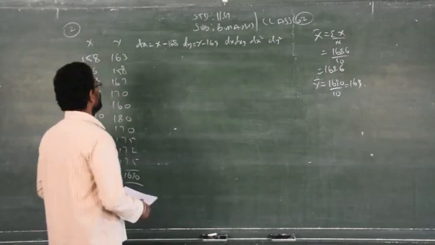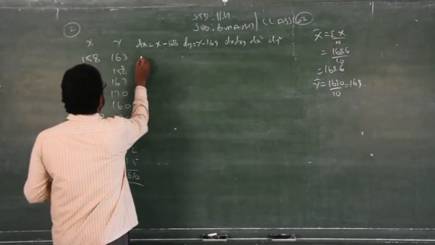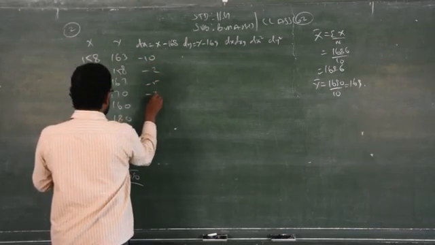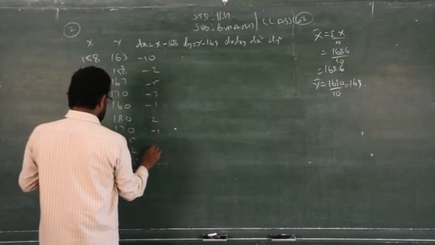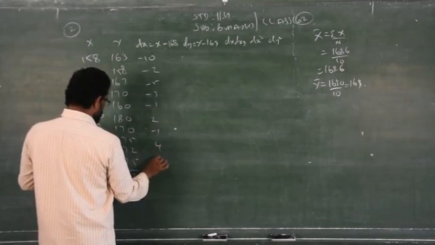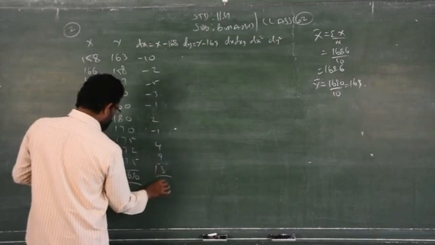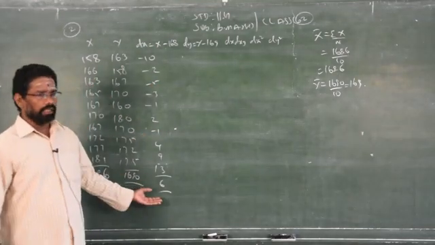I straight away write the answer. Under dx: minus 10, minus 2, minus 5, minus 3, minus 1, 2, minus 1. Please use a calculator and proceed. Clear? Otherwise you will get wrong answers. This will become 6 because this is an assumed mean. If it is the mean, you will get 0.